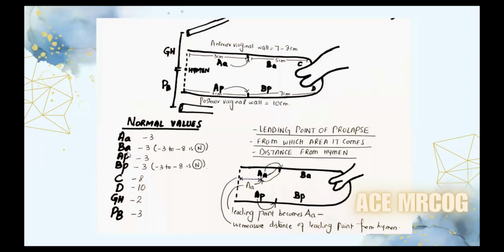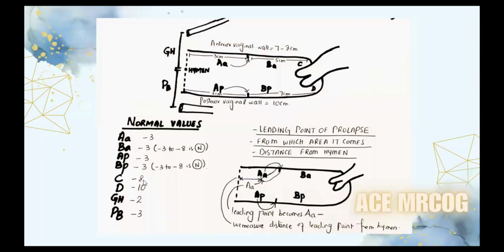Okay, so let me tell you here that when we talk about BA, any point behind this is a normal point. Like if it is minus 3, it is normal. If it is minus 4, it is normal. Any point from minus 3 to minus 8 is considered normal. And in posterior wall, any point from minus 3 to minus 8 is normal, because if anything is behind this point, it is normal. But if something is crossing this point, then it means it is a prolapse.